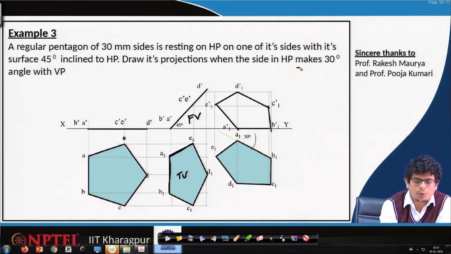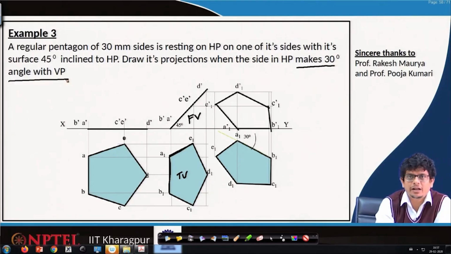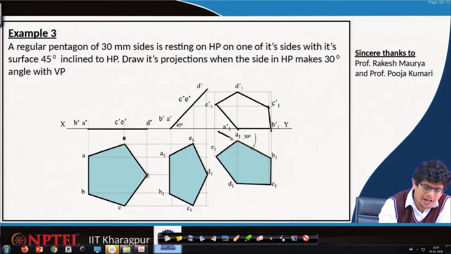So, whatever side makes any angle with the vertical plane, we will see it in the horizontal plane. So, that angle we will align. Let us consider the A1B1 side, we are going to pick it and align it at a 30 degree angle from the horizontal plane.